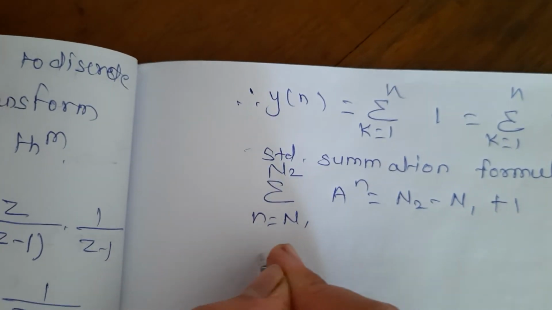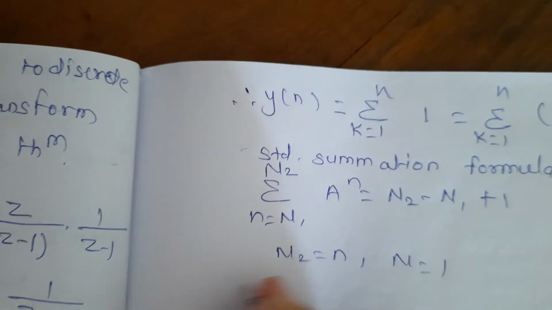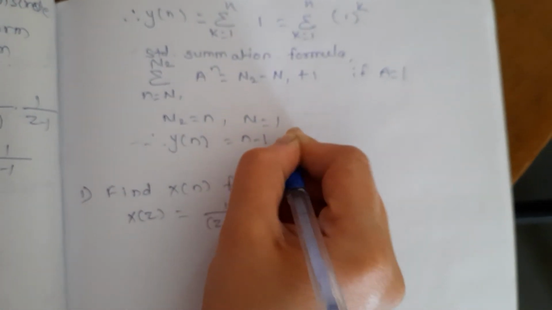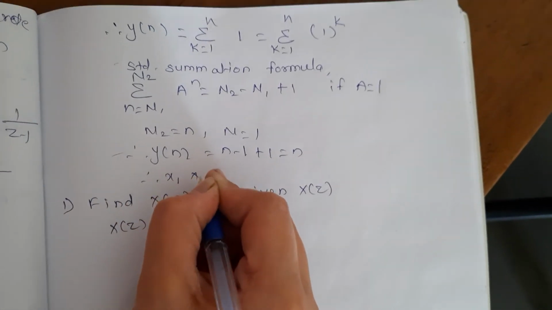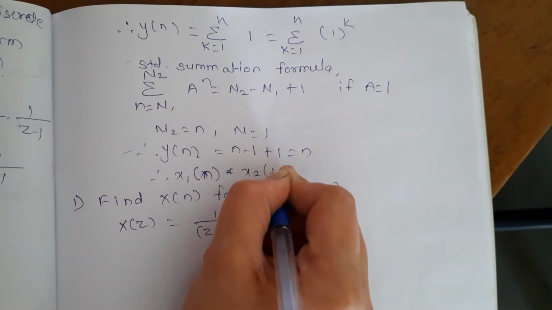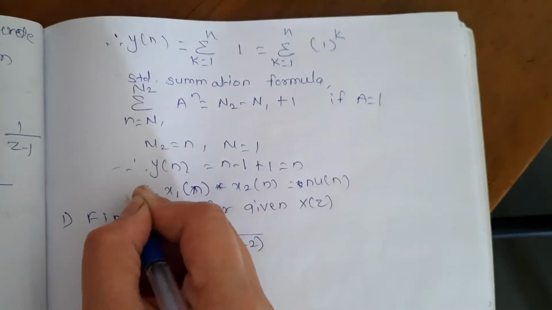So here n2 is equal to n and n1 is equal to 1. So the equation is y(n) is equal to n minus 1 plus 1 equal to n. So convolution x1(n) convolution x2(n) is equal to n u(n).